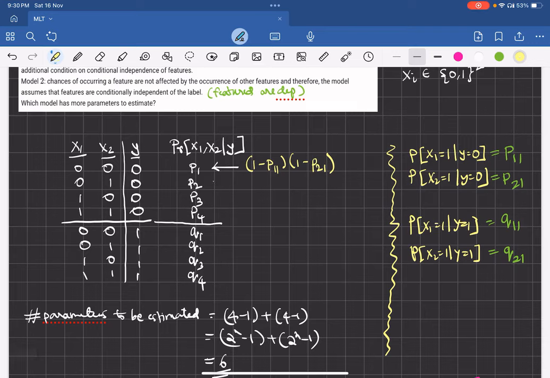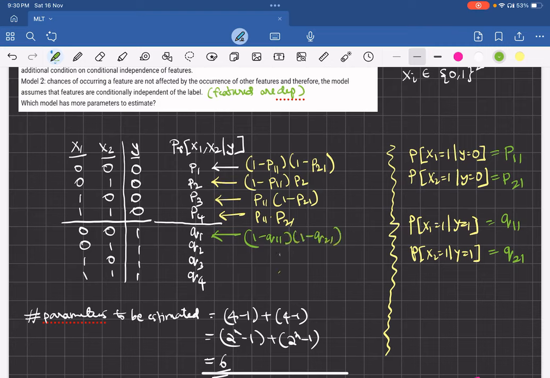Similarly, we can write p2 as 1 minus p11 multiplied by p21, and p3 can be written as p11 times 1 minus p21, and p4 can be written as p11 multiplied by p21. Along the same lines, we can write q1 as 1 minus q11 multiplied by 1 minus q21, and so on.